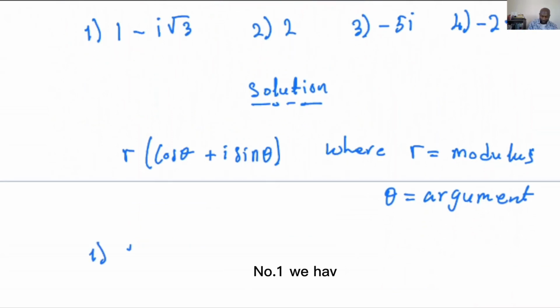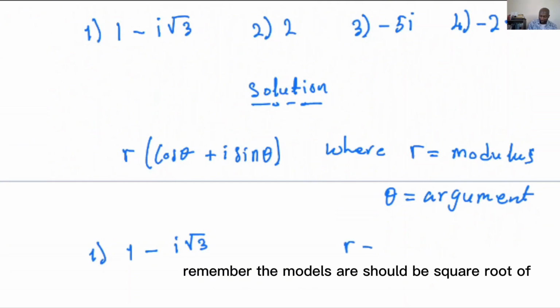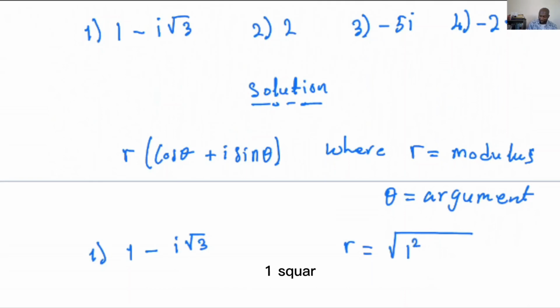Number 1, we have 1 minus i root 3. Remember, the modulus r should be the square root of 1 squared plus root 3 squared.